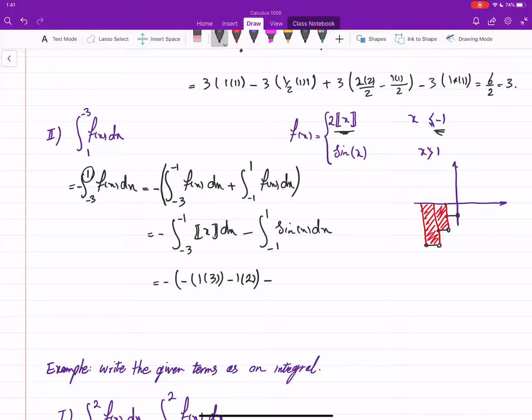minus the other one, which is the integral of sine x from -1 to 1. If I just sketch that, something like that, from -1 it's somewhere here up to 1. I don't know the area of each region, but by the symmetry of sine, I know that these are the same thing.